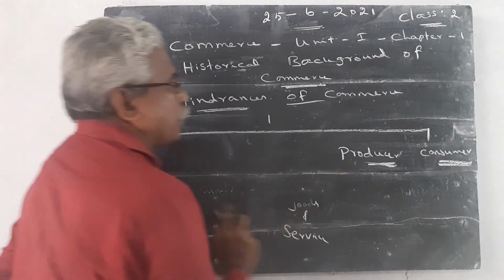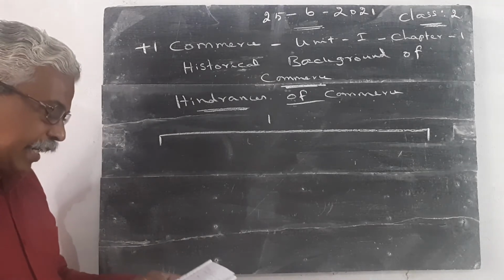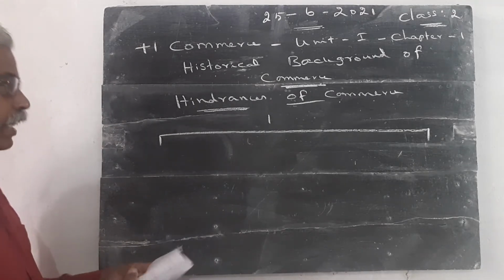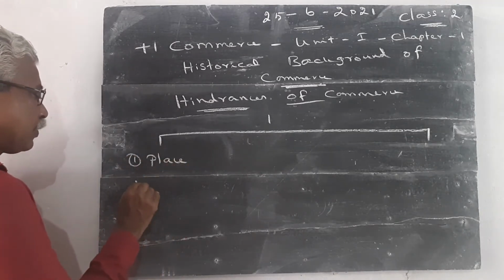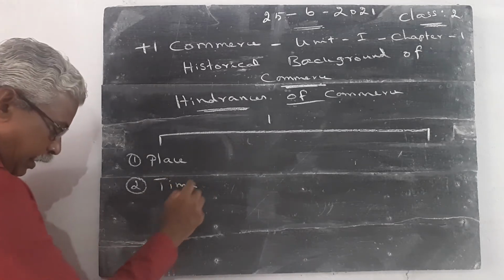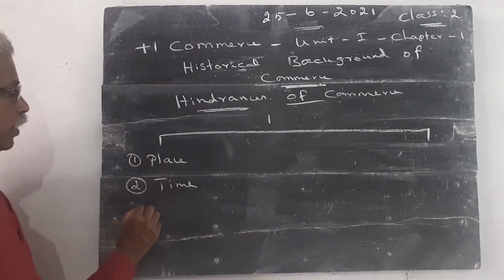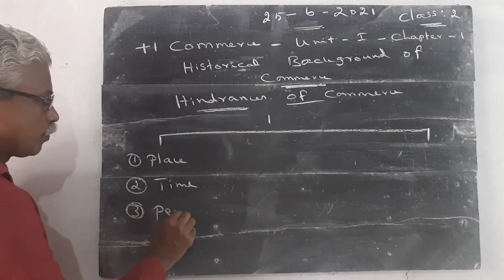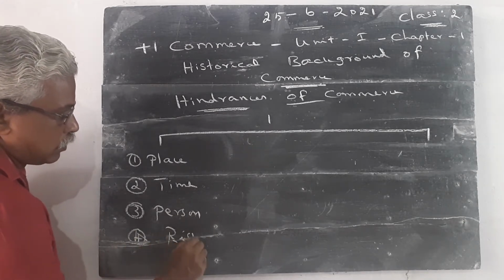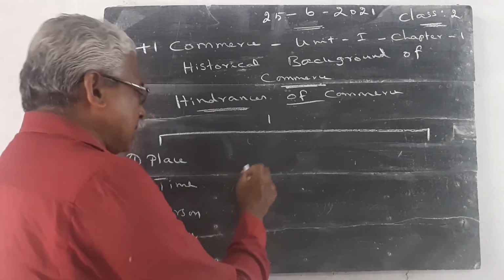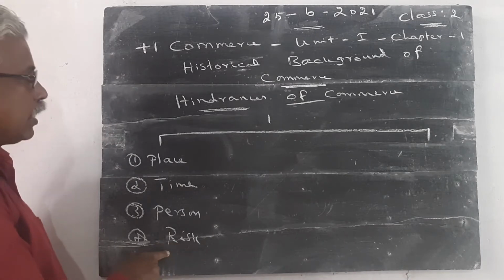The hindrances of commerce are classified into 10 different headings. Number 1, hindrance of place; hindrance of time; hindrance of person; then hindrance of risk. Hindrance of risk is again classified into 2 categories, so I simply write it as hindrance of risk.